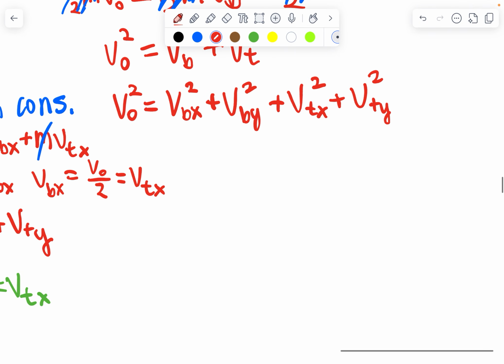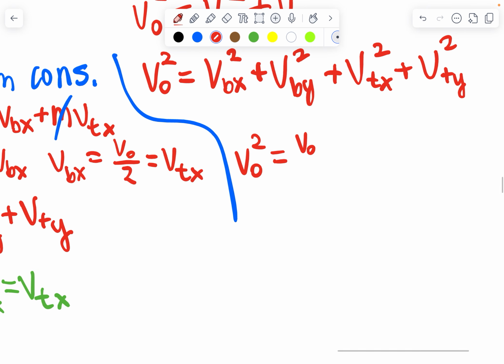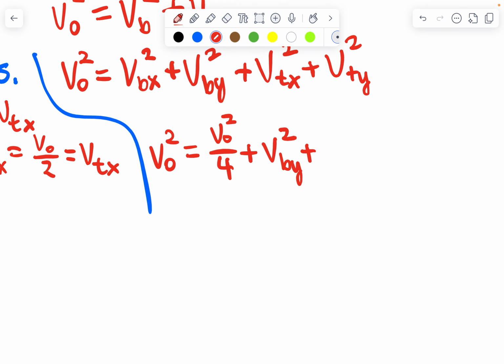So let's add this. v naught squared equals vbx, which is v naught over 2 squared, so v naught squared over 4, plus vby squared plus vtx squared, which is also v naught squared over 4. So I'm just going to multiply this by 2, which gives v naught squared over 2, plus vty squared.